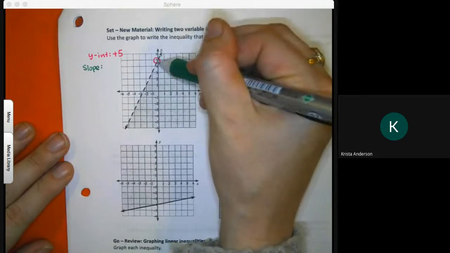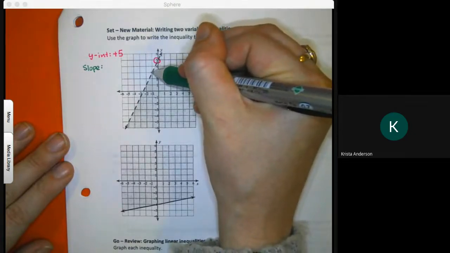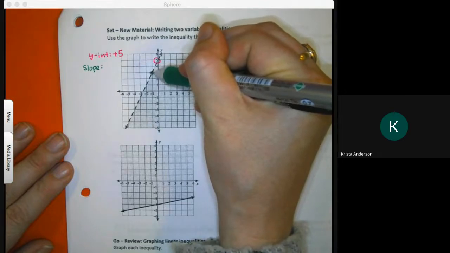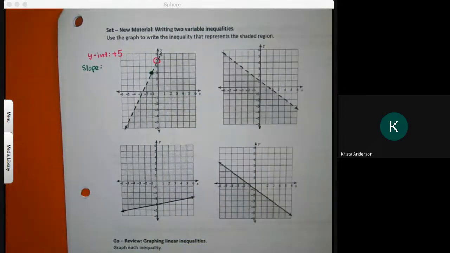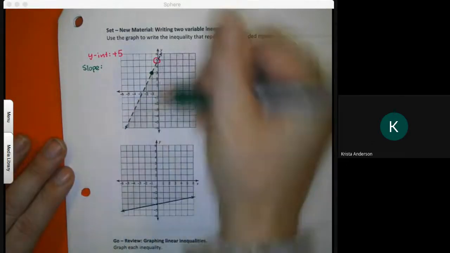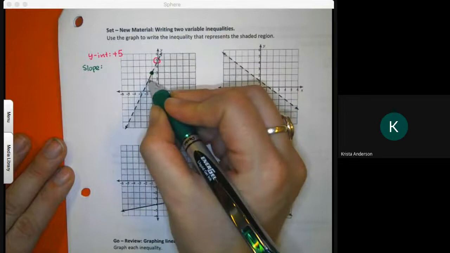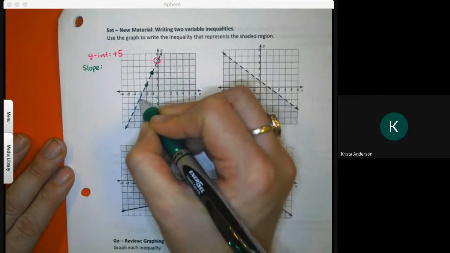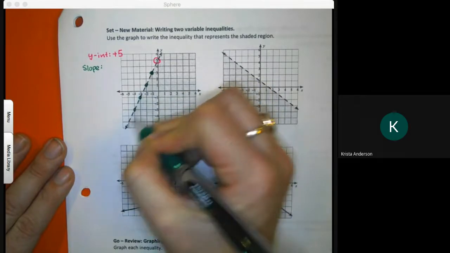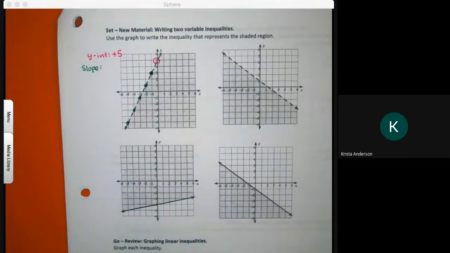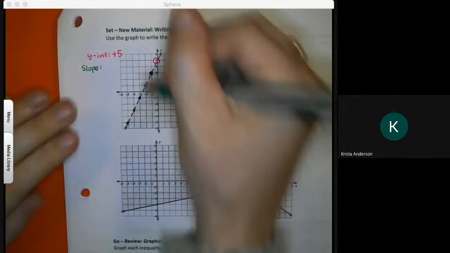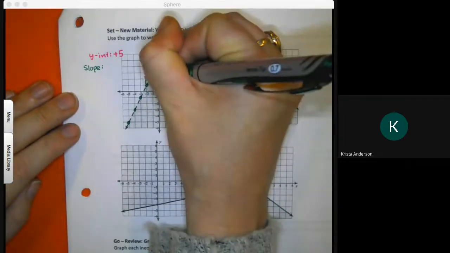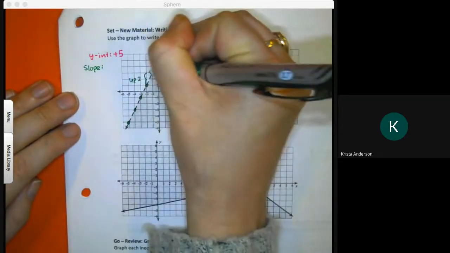I can't go up, so I'm going to go backwards until I find an intersection or a lattice point where they cross on a whole number. You see how it hits at 3 and 1? I would not want to pick any fraction points. This would work. I could pick this point. All of those points work to pick from. From those points, I look for my slope. It is going up 2 and over 1.